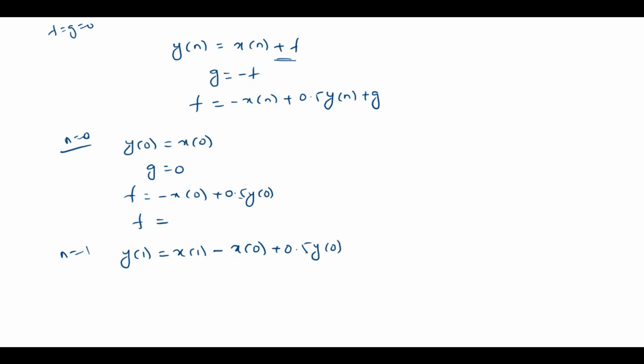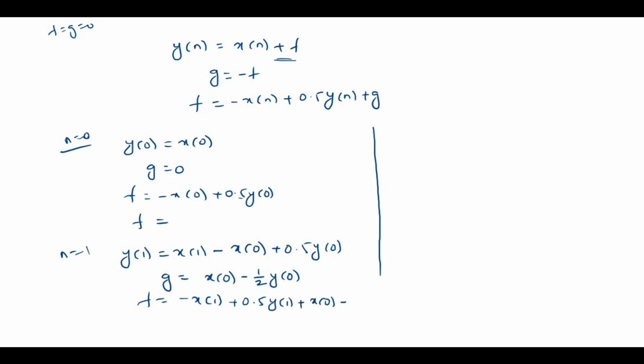Now g value is minus f, so it is x of 0 minus 1 by 2 y of 0. Now the new f value is minus x of 1 plus 0.5 y of 1 plus x of 0 minus 1 by 2 y of 0.